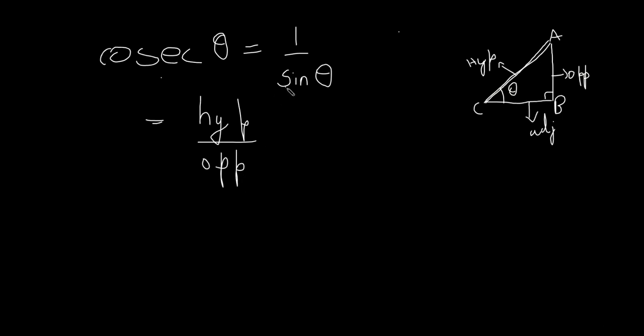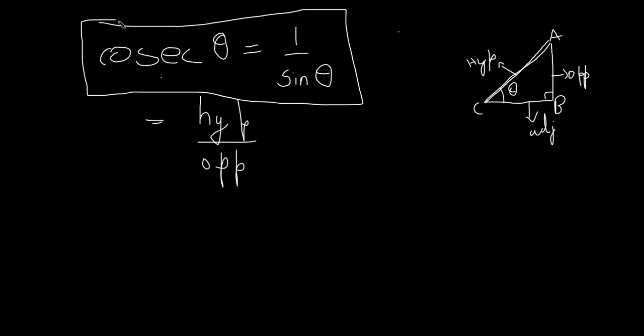Remember, sine theta is opposite over hypotenuse, and the inverse of sine theta is hypotenuse over opposite. So cosec is 1 upon sine theta. In this case, hypotenuse is AC and opposite side is AB.